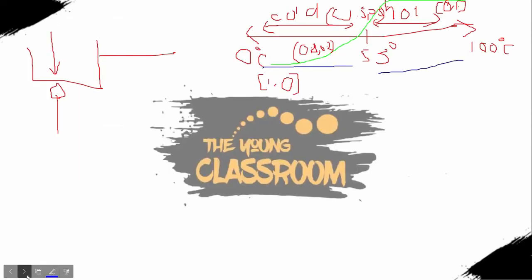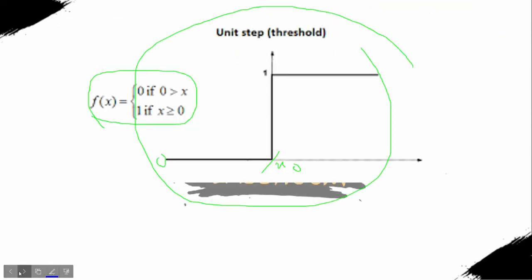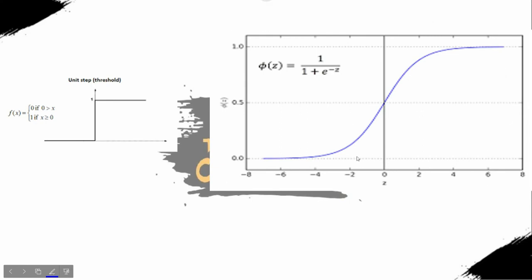So we use something known as the sigmoid function. The sigmoid function over here has the same graph as the one we discussed for the probabilities, and at 0.5 we have the same probabilities, right?